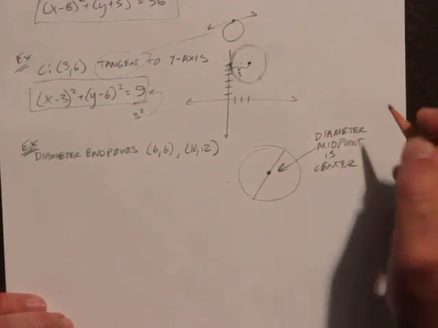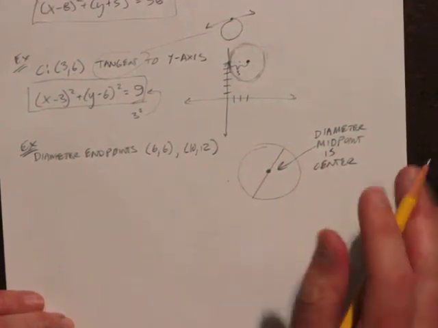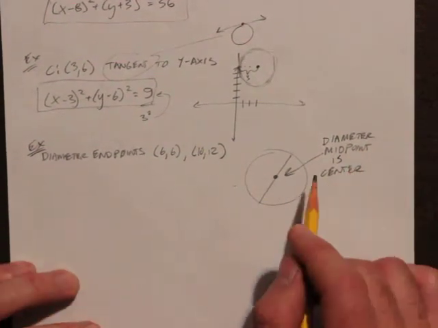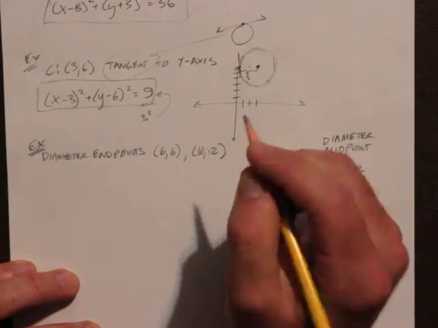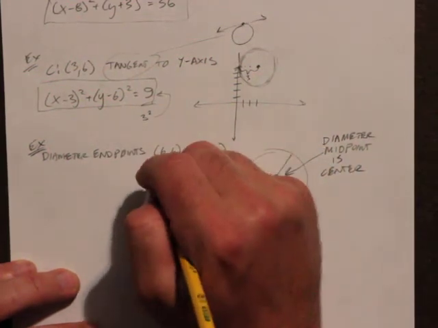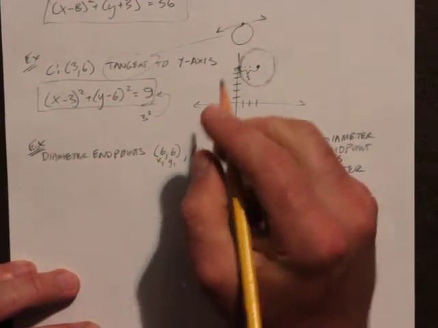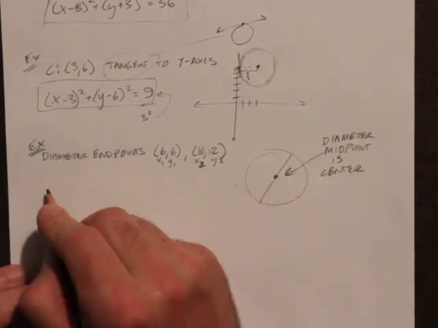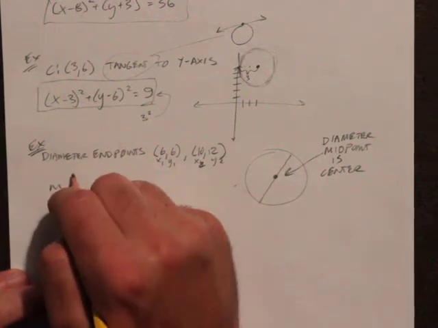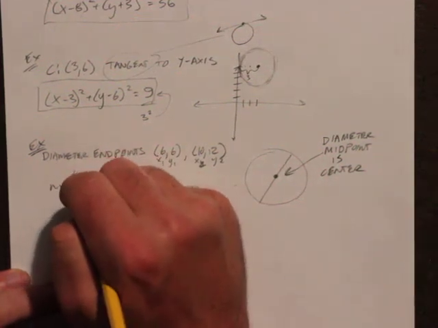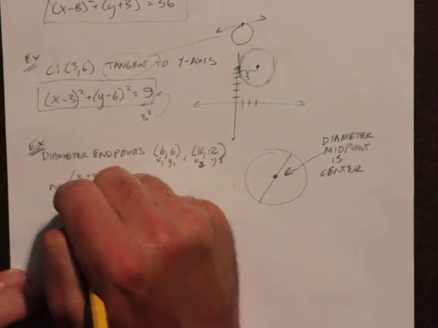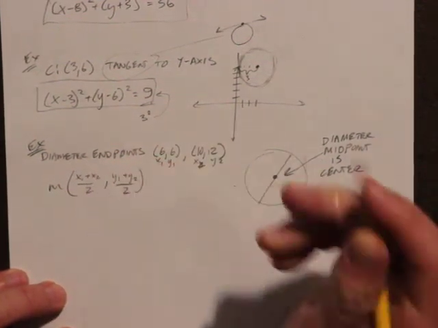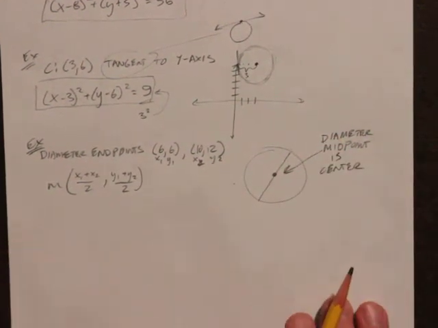So let's find the midpoint of these two, and then we'll find the radius, and then we'll be pretty close to being done with this one. So the first thing I'm going to do, I want to label these x1, y1, x2, y2. And the midpoint formula, if you remember, is x1 plus x2 over 2, y1 plus y2 over 2. So let's find the midpoint of this circle.